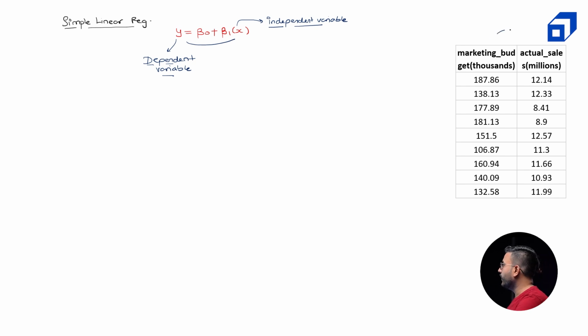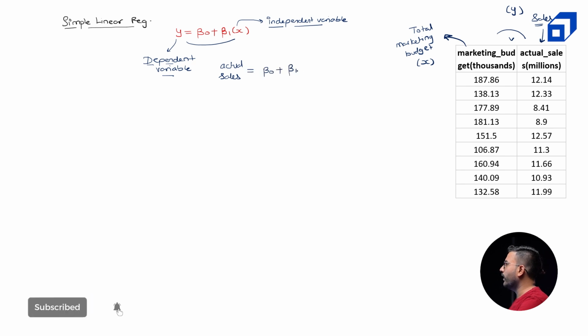So if you look at this particular data, here you can see that we have the marketing budget, the total marketing budget, and this is my actual sale. So this is my target variable y and this is my x. Now in this particular case, the equation that I am trying to figure out is actual sales is equal to beta naught plus beta 1 of the marketing budget.